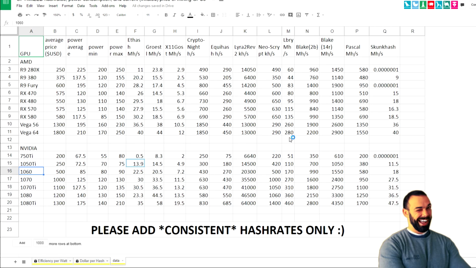You see that for some algorithms, Skunk Hash is a really good example, NVIDIA cards have hash rates that there is no equivalent for in AMD land. The same is true for Lyra 2 Rev 2. The best hash rates, which is kind of counterintuitive, are from the R9 280X, an old discontinued card, and the R9 Fury.